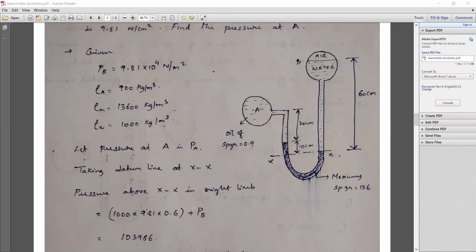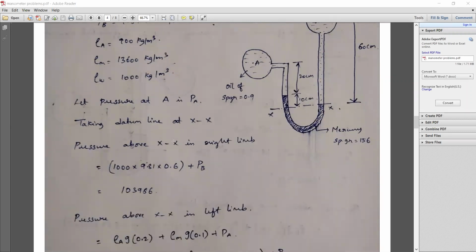Right, after this 103,986 you write: pressure above the datum line in the left limb is equal to PA plus. First, this fluid has density rho A. So rho A into G into 20 centimeters, which is given.